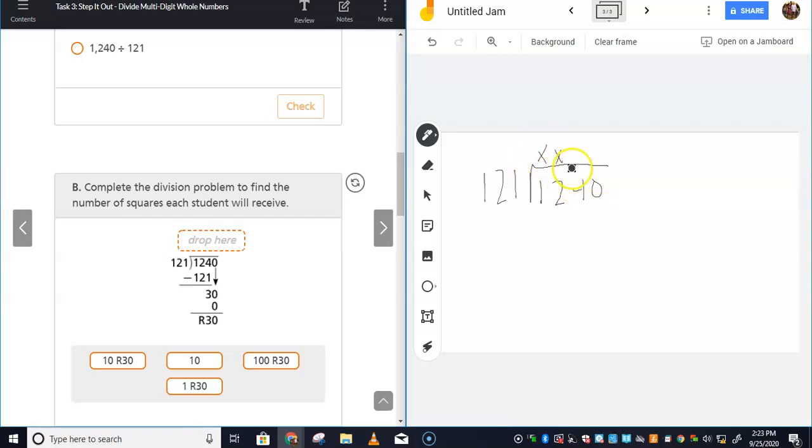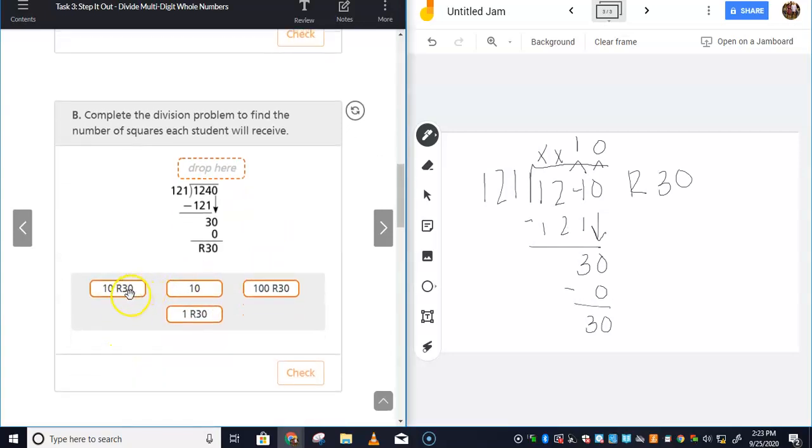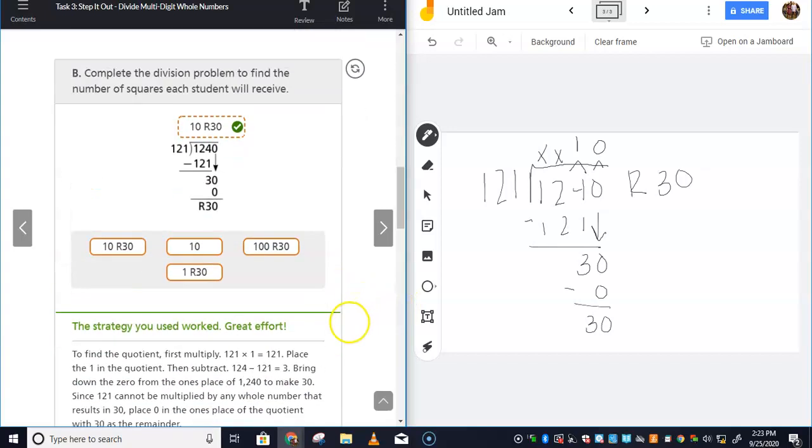It can't fit into 12, but it can go into 124 once, because 1 times 121 is 121. 121 cannot go into 30, so we're going to put a 0 up here. So we have 10, remainder 30. Just like that.